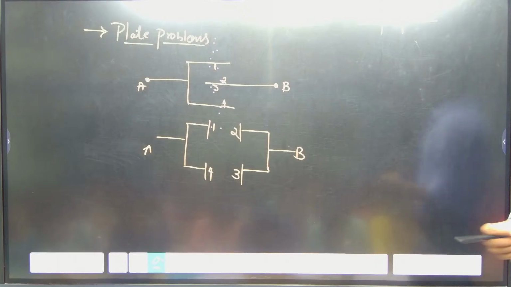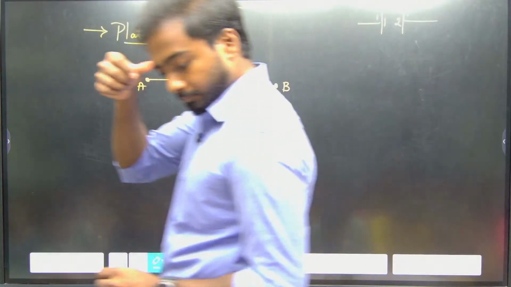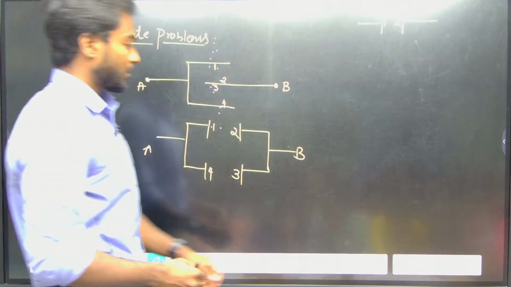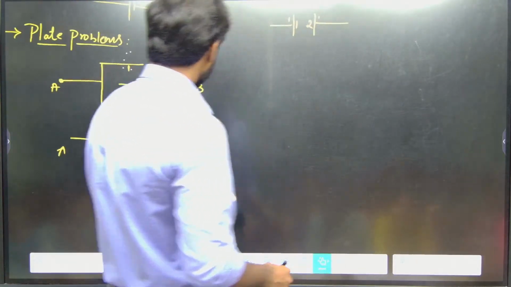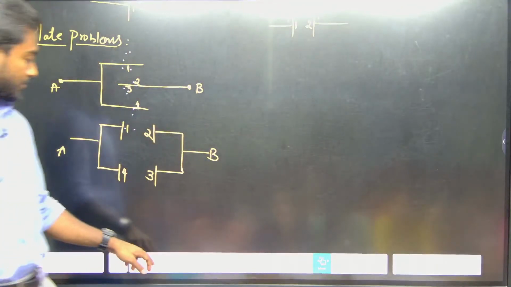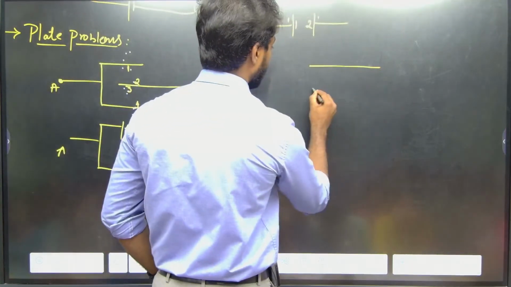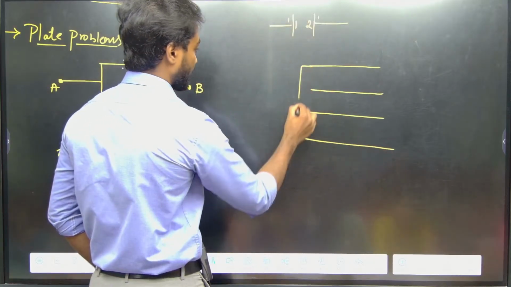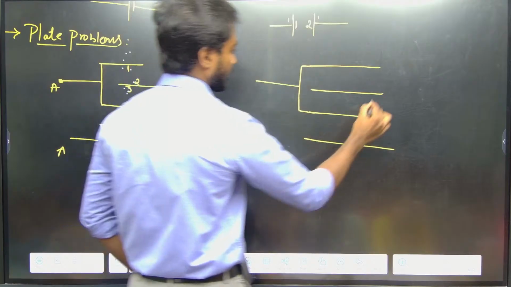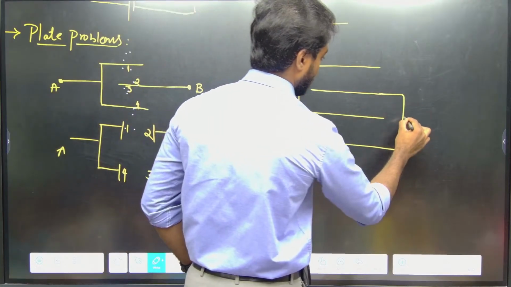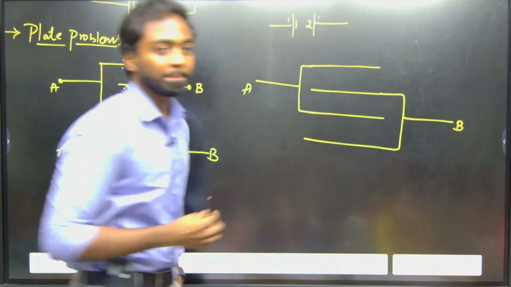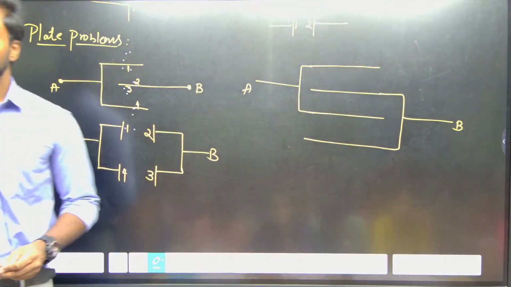Done? Okay. Is this completed? So this is A and this is B. How many plates are there? 4 plates.